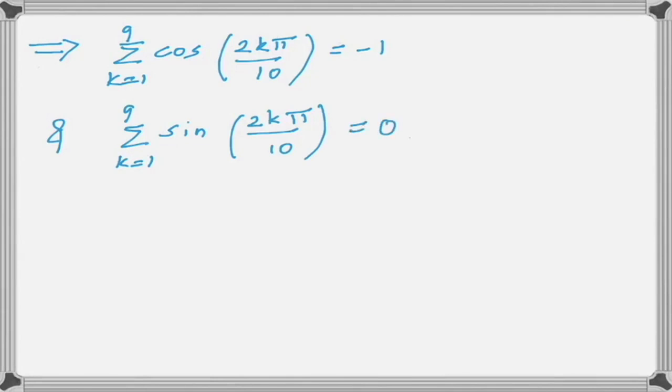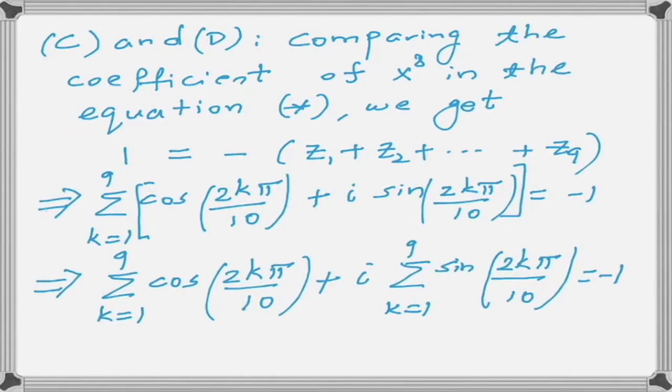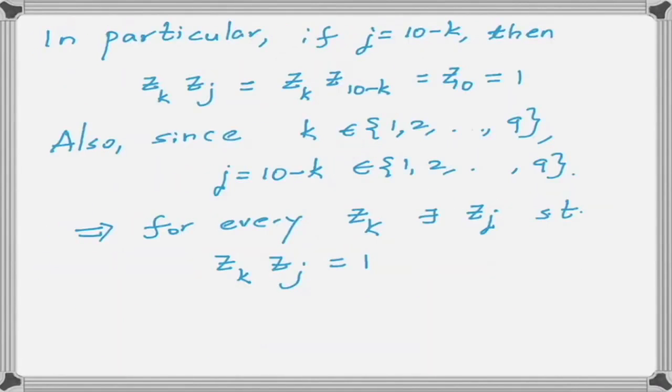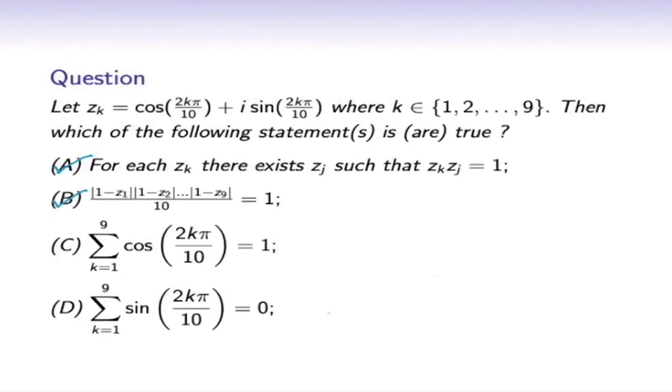So let us see which options among C and D are true. Option C: we have seen that summation of k goes from 1 to 9 cos 2k pi by 10 is equal to minus 1. So option C is not true. Whereas we have seen that summation k goes from 1 to 9 sin 2k pi by 10 is equal to 0. So this option is true. Let us mark this option. Hence, we have solved this problem completely.